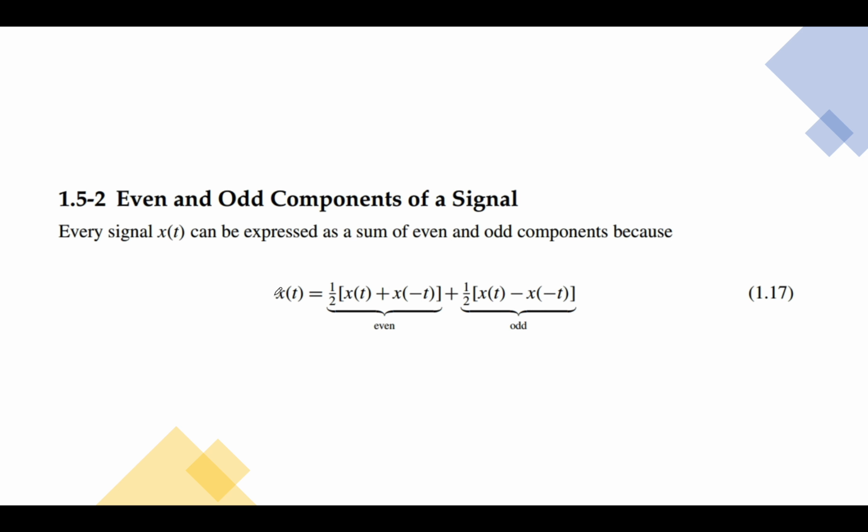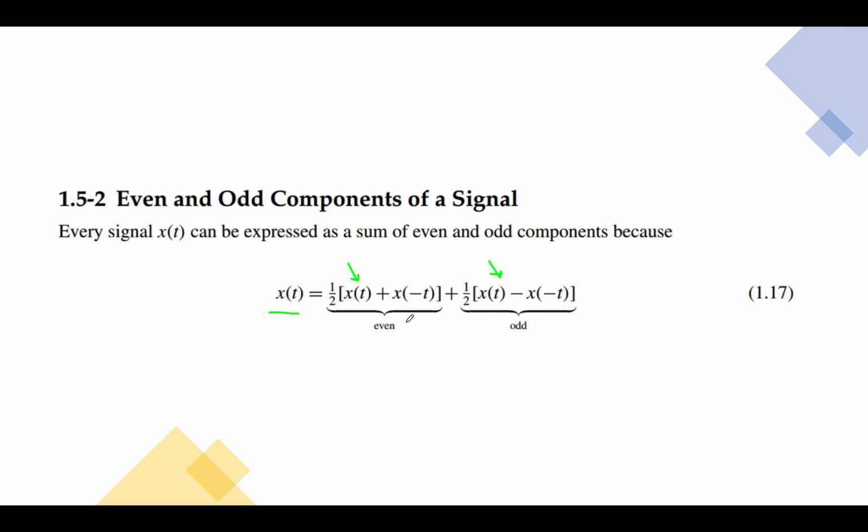And the way you do that is if you want to represent any arbitrary x of t as the sum of an even and odd function, you take the even part, which is 1/2 of x of t plus x of minus t, and you add that to the odd part, which is 1/2 of x of t minus x of minus t.